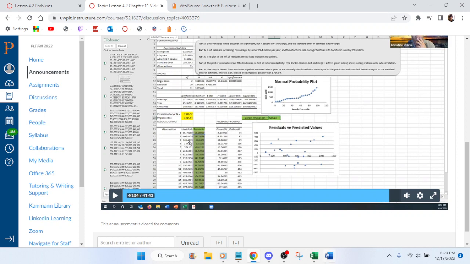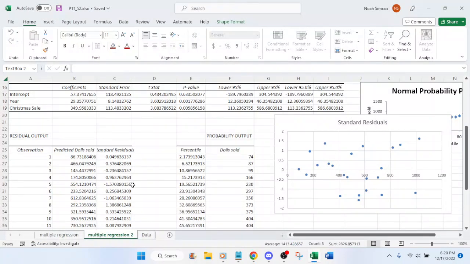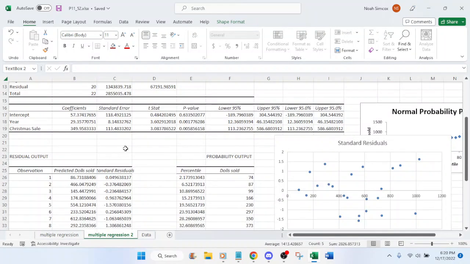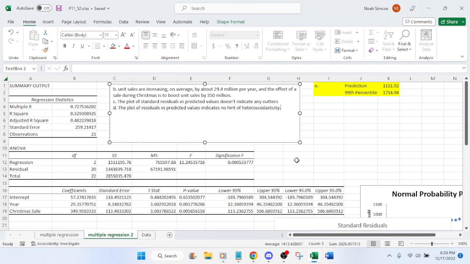Okay, I think I should be fine. I'll just redo. Oh no. Dang it. I'm just going to put D on a separate tab.